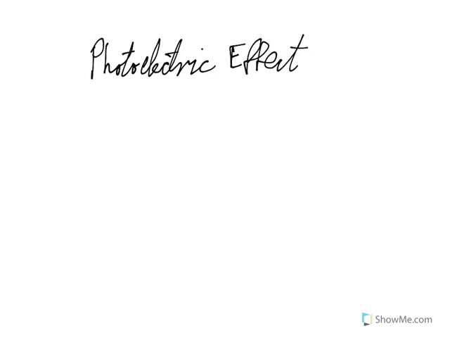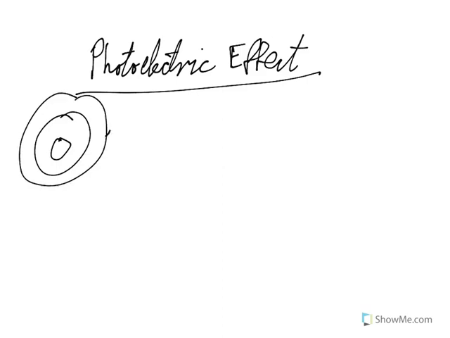Righto, the next bit, this is the main bit, photoelectric effect. So the idea of the photoelectric effect was, if we had an electron here and it dropped down a level and then we got some light given off, people thought, alright, what about the opposite then?